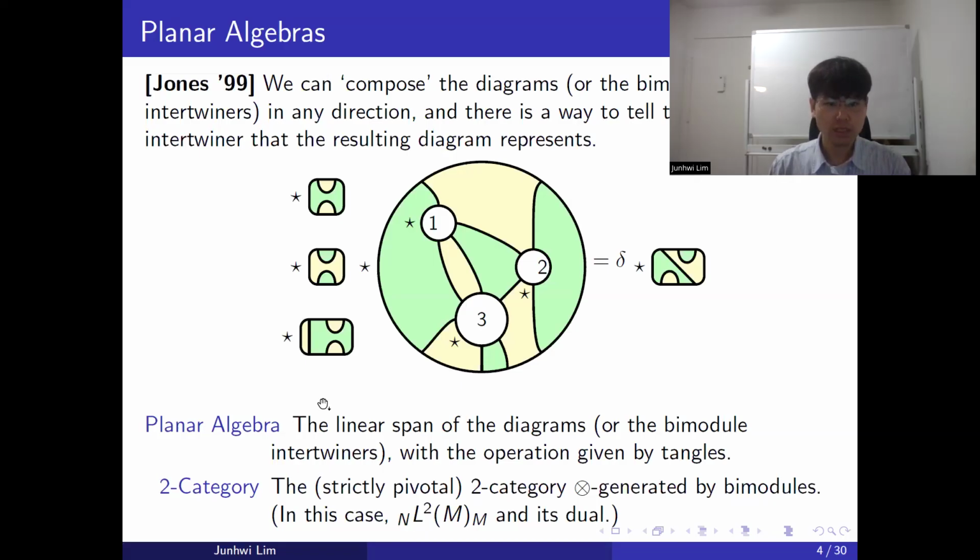For instance, suppose we have these three diagrams on the left-hand side, and we can concatenate them by plugging into the tangle in the middle. So the first one goes to 1, the second one goes to 2, and the last one goes to 3. And we insert the diagram in the way that the star symbols match.